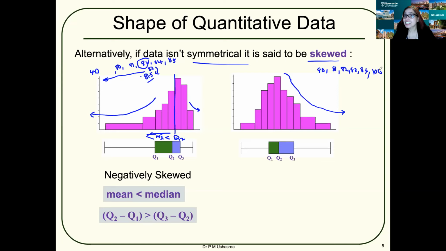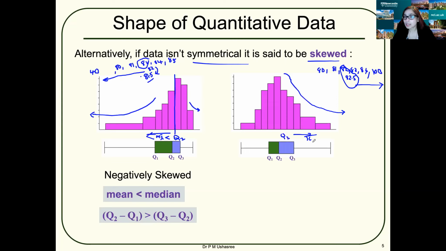In this case, we saw that the mean tends to move towards the right and the median changes very little, from 82 to 82.5. So the mean moves further towards the right, but the median moves very little.